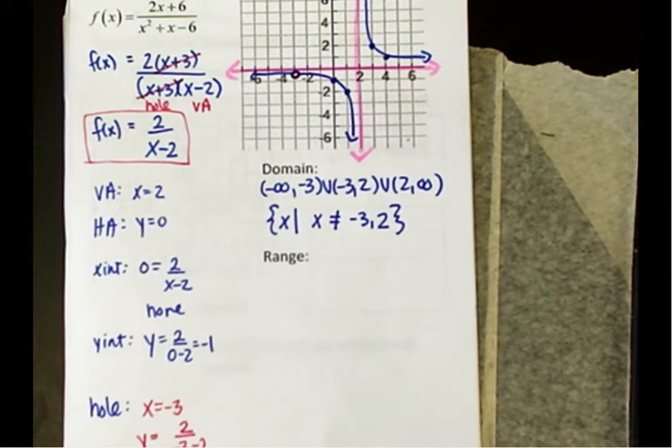When you start getting a lot of discontinuities, it gets kind of slow to write it this way. And so that's your set notation.